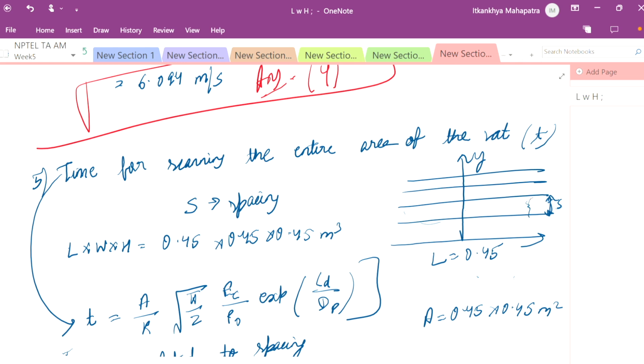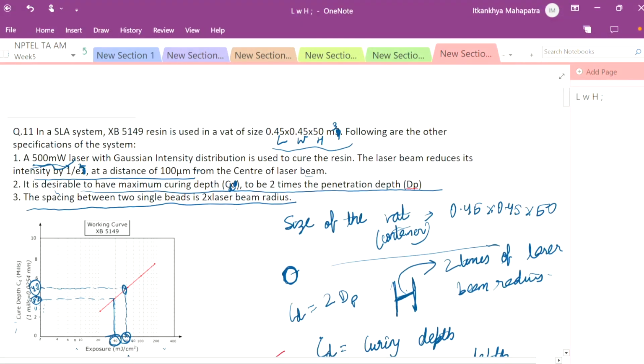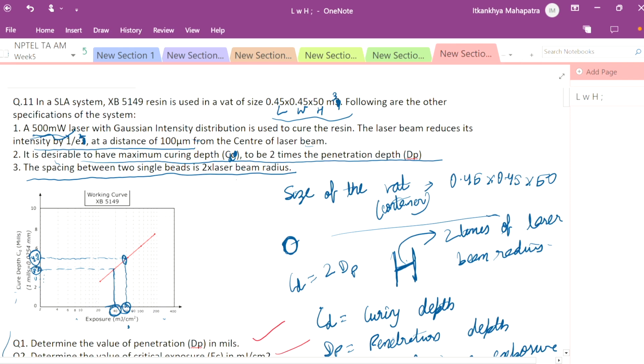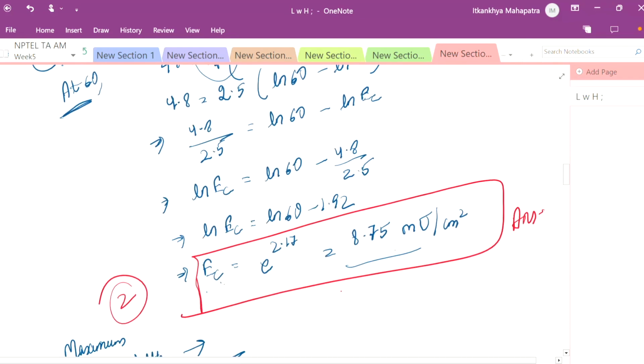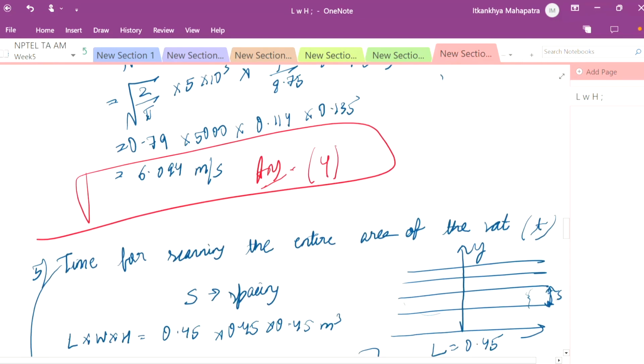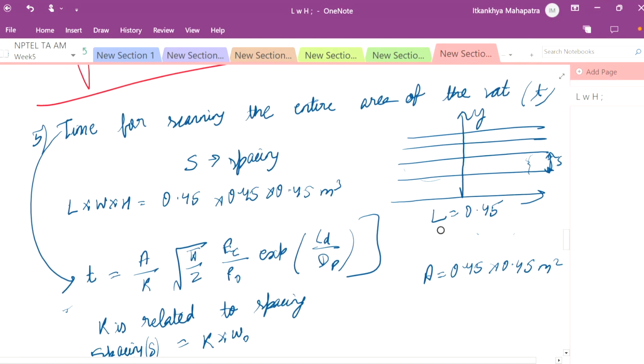The volume of the container is given: 0.45 into 0.45 into 50. The length of a single strand is 0.45, so from there you get the area also, 0.45 into 0.45 meter square.